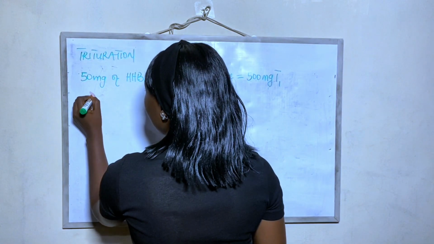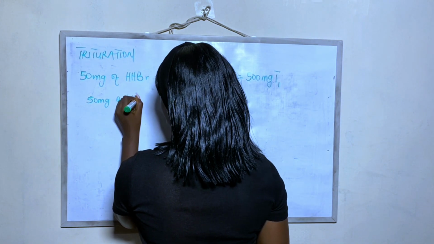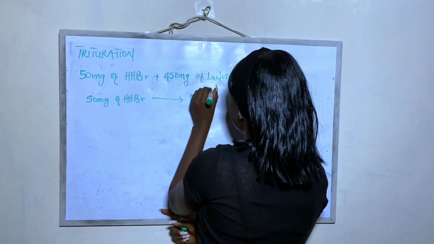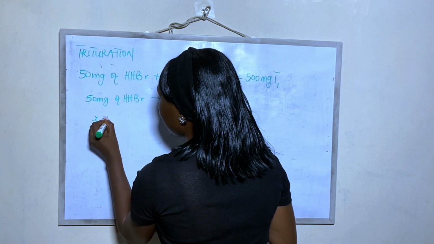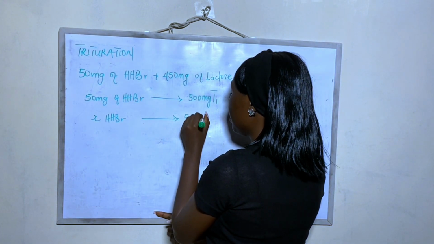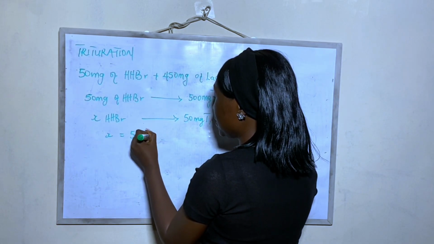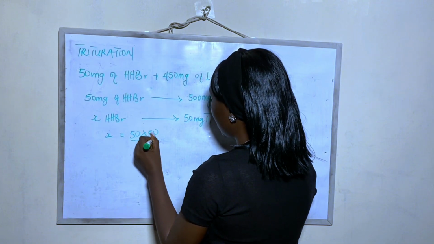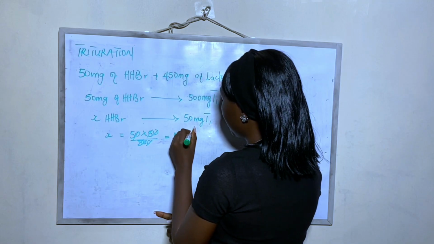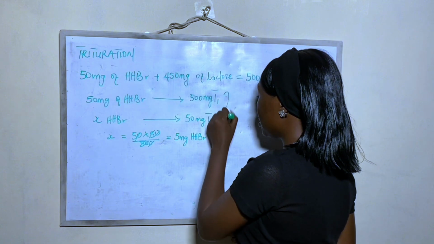Next, you have 50 milligrams of hyoscine hydrobromide contained in 500 milligrams T1. Now, how many milligrams of hyoscine hydrobromide will be contained in 50 milligrams T1? X is equal to 50 times 50 divided by 500. If you do this, you will have 5 milligrams of hyoscine hydrobromide.